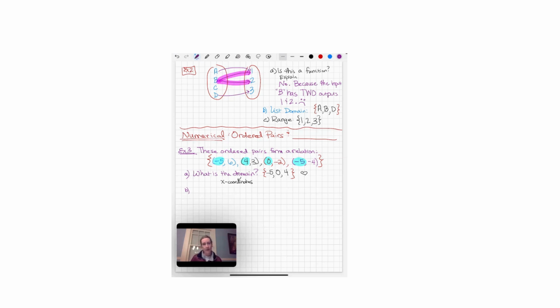Paired with this domain question, you've predicted it. You may have even started working on it. What is the range? So let's do that next. I'm going to put my little hint to myself that the range is the y coordinates.